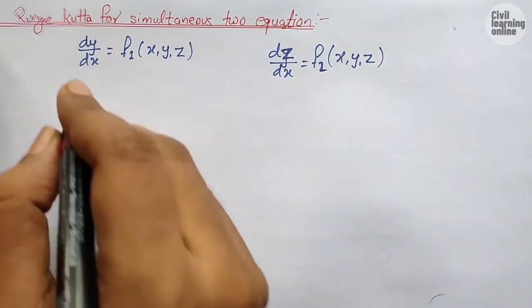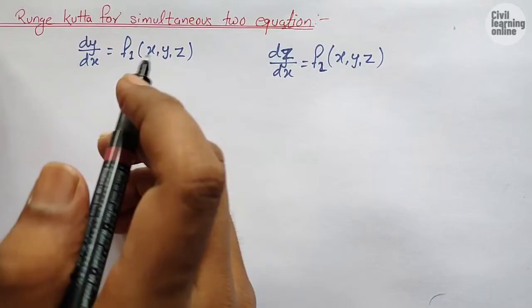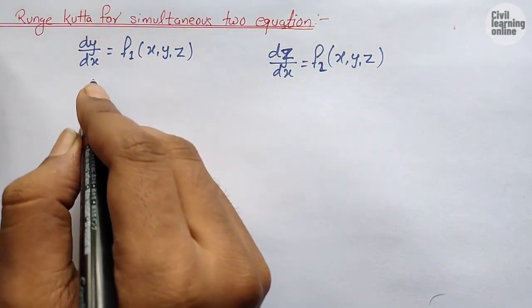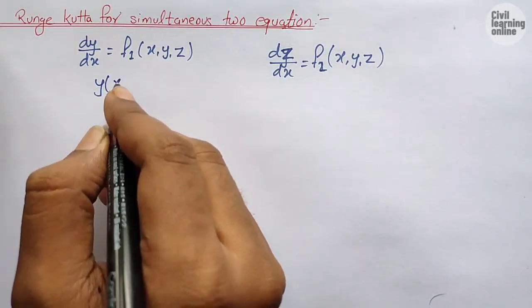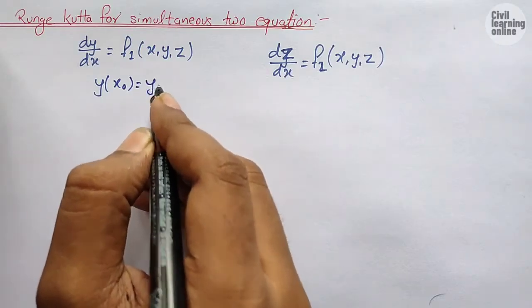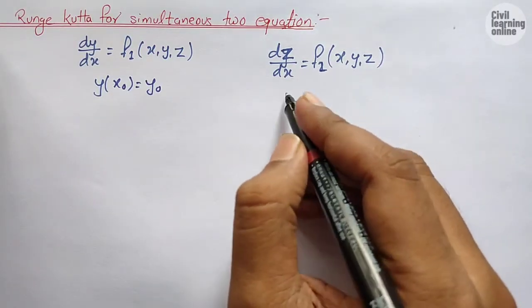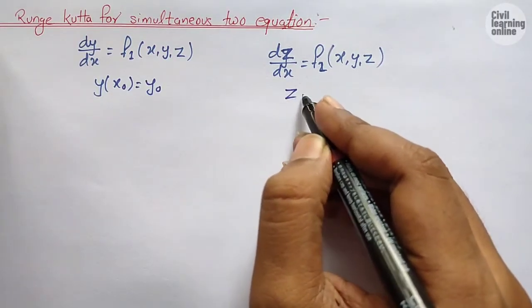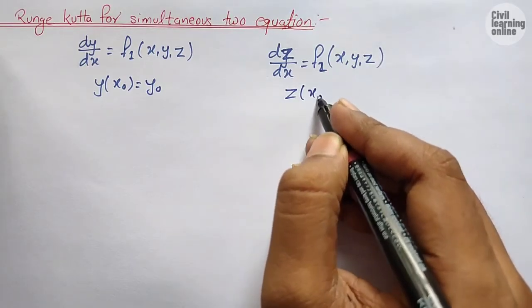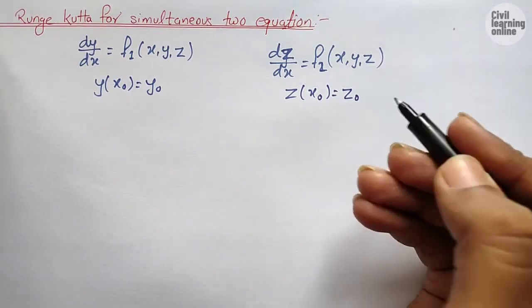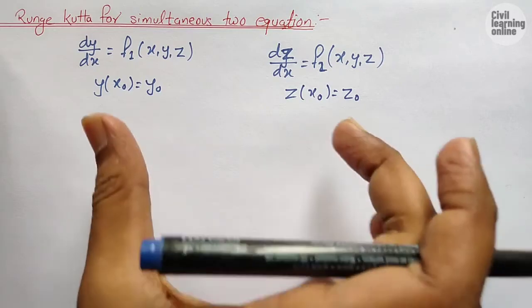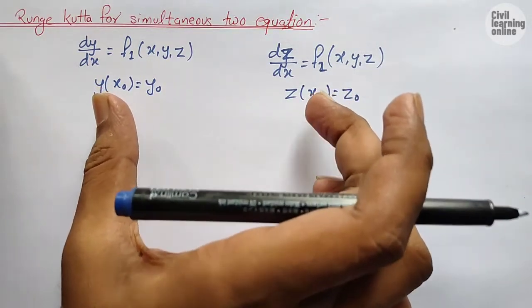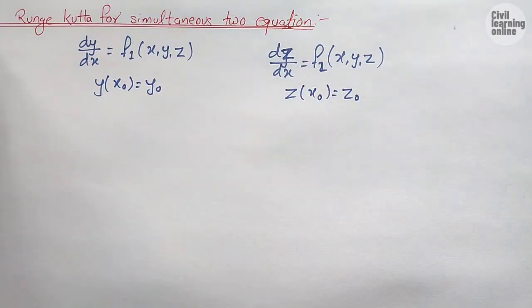For the first equation we may be given an initial condition, y of x naught equals y naught, and for the second equation an initial condition, z of x naught equals z naught. These are the conditions in which the question will be provided.